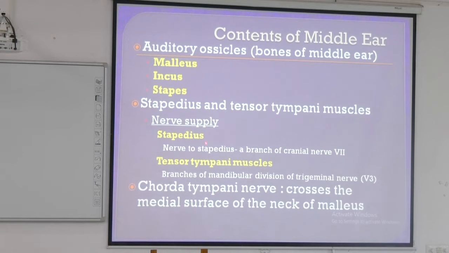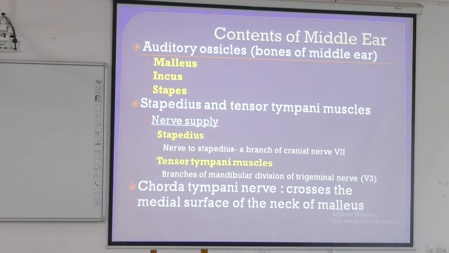The stapedius is sourced from the second pharyngeal arch, and the nerve supply to the stapedius is cranial nerve number 7, whereas the tensor tympani, which comes from the first pharyngeal arch, is supplied by cranial nerve number 5, the V3 division, the mandibular division, supplying it.